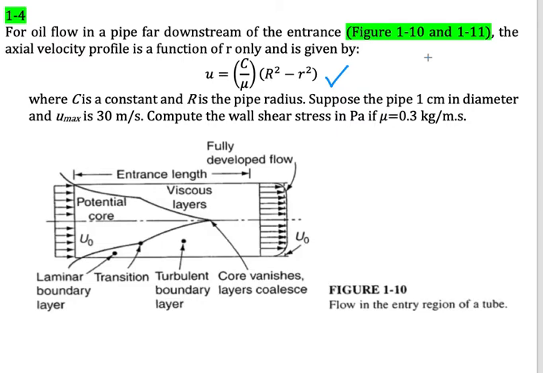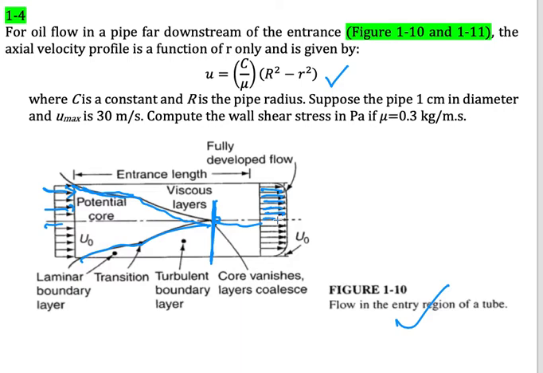So this figure is actually just to show how flow develops inside the pipe. When water flows like this, it starts to create a boundary layer, and then at a certain length the flow is well developed.